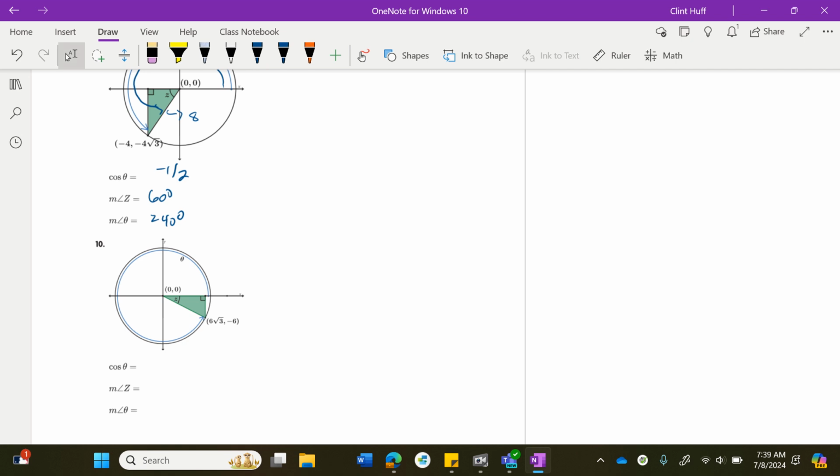All right, number 10. This is again a 30, 60, 90 right triangle. And the reason for that, if I bring it off to the side, is that this would be 6 root 3. This is negative 6. Its absolute value is 6. Notice that the ratio is root 3 to 1 from the long to the short.